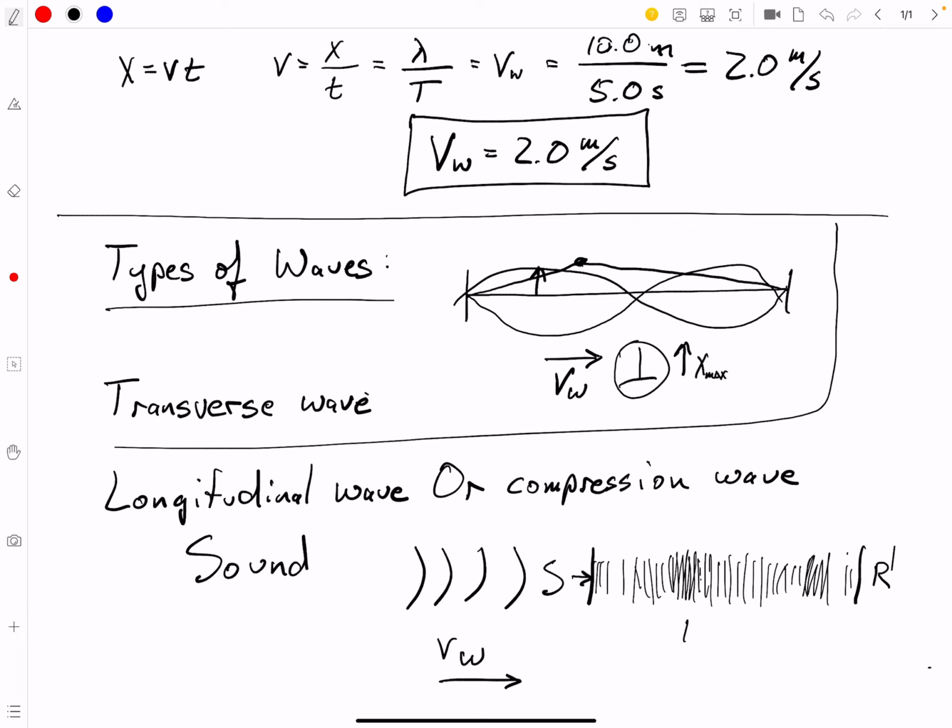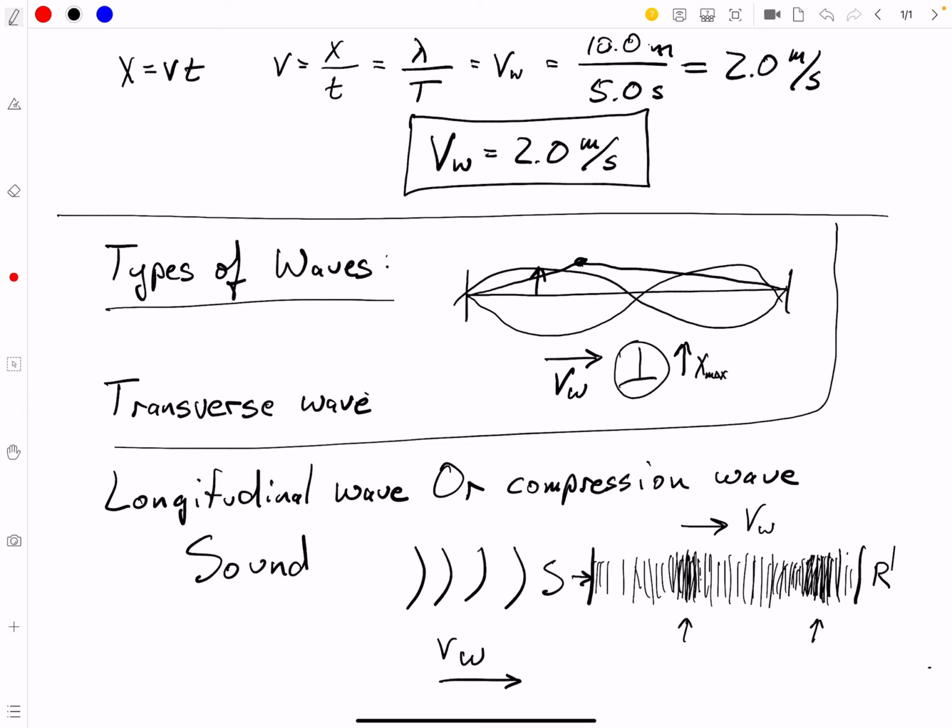So this would be the peak of the wave, but it's the peak of the pressure. Let's make it even more highlighted here. Okay, so this is more dense, okay? And they are going in this direction.